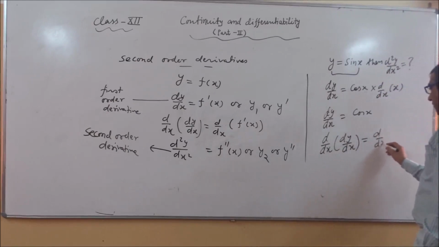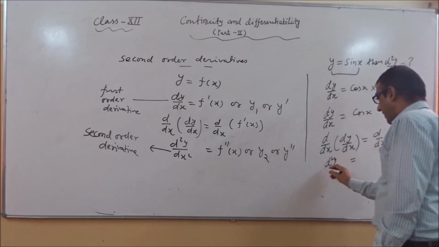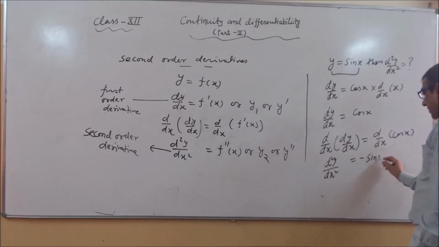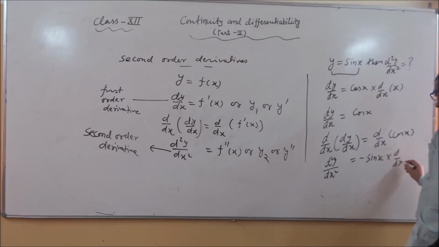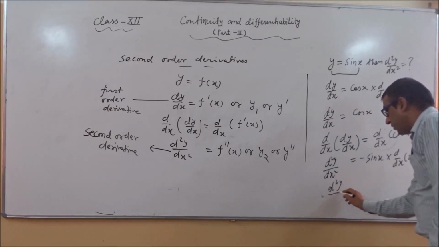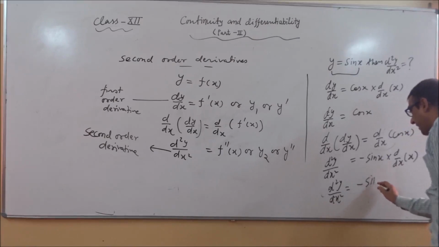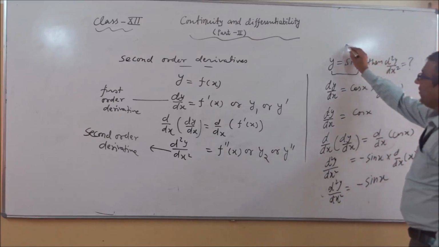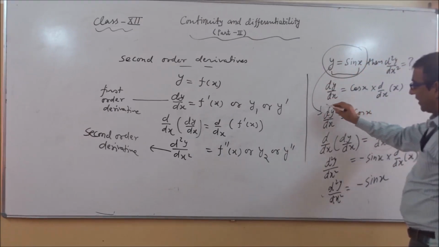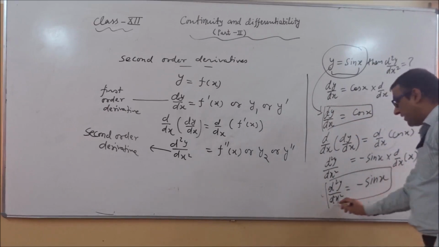So d by dx of cos x can be written as d square y upon dx square, which equals minus sin x into d by dx of x. It means the double differentiation of the given function is minus sin x. So we can say if y equals sin x is given to us, then the first order derivative is dy by dx equals cos x, and the second order derivative is minus sin x.